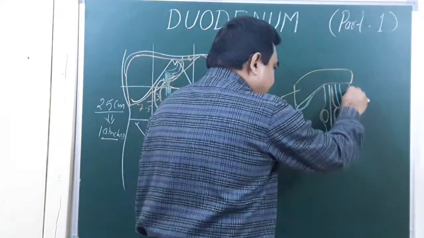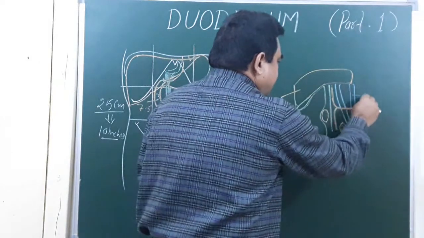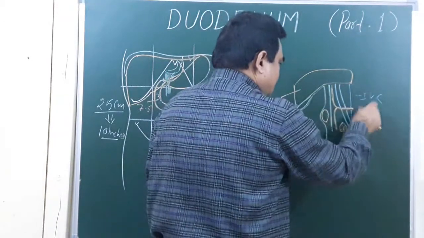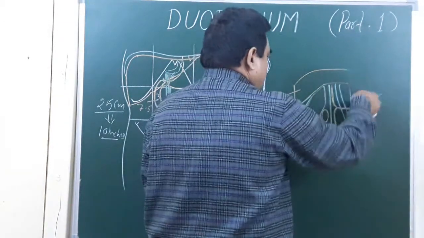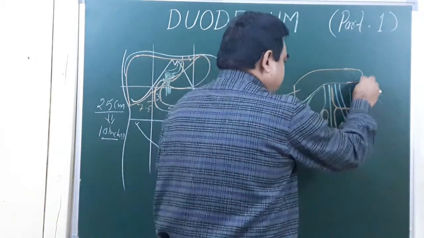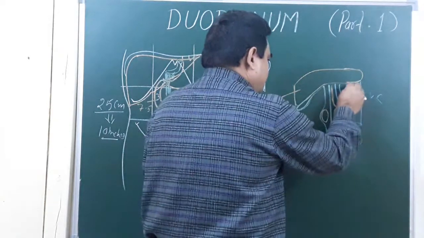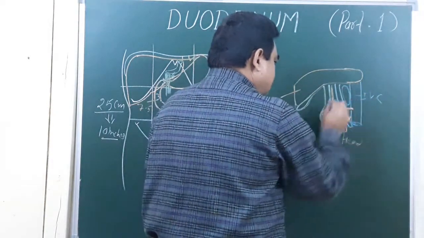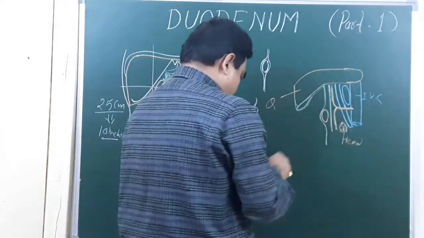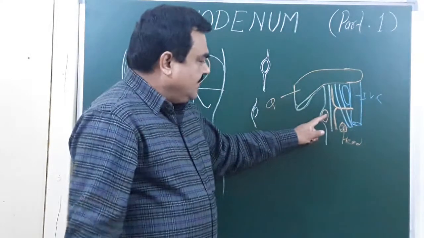Here is the position of the inferior vena cava. And this is the epiploic foramen. So in this diagram you can see this is the relevant section.